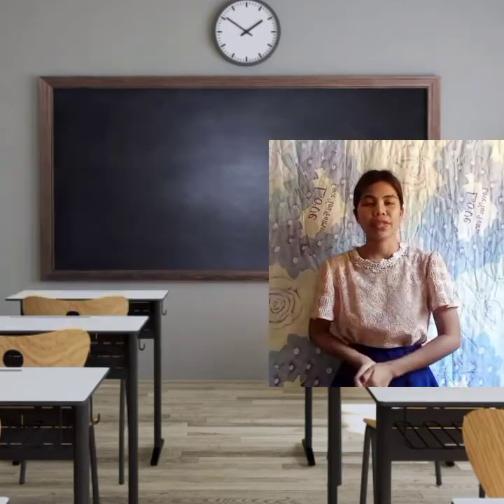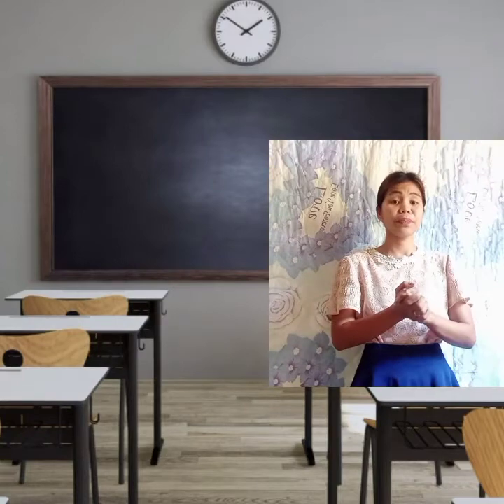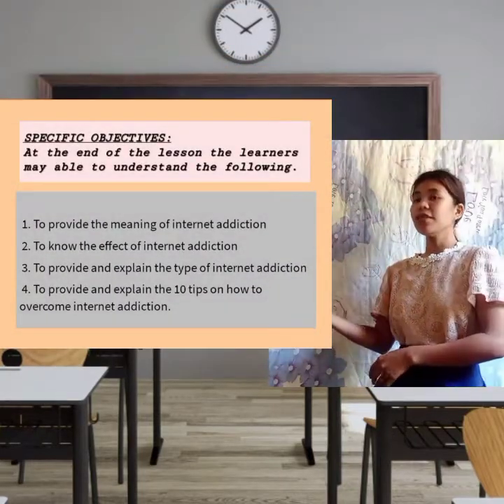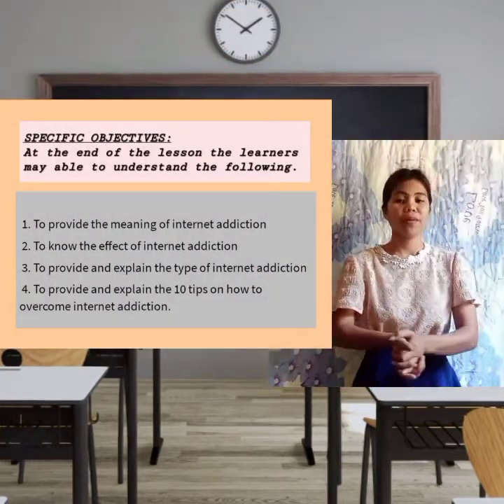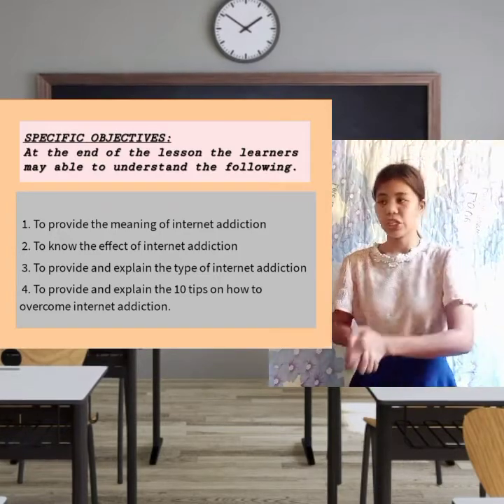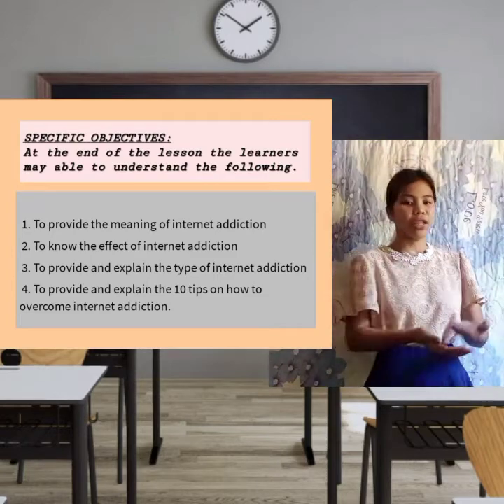So, before we proceed, class, we have first some objectives to fulfill. At the end of the lesson, the learners should be able to explain and provide the definition of internet addiction.